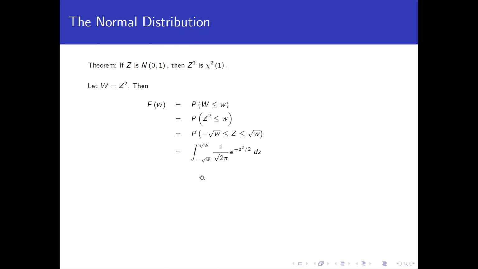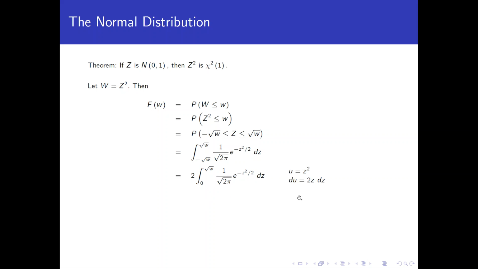We know the PDF for z, and we know that z has to be in between these two bounds, since z squared is going to be less than or equal to w. That's how we calculate probability in that case. Now we notice that e to the negative z squared over 2 is symmetric about the y-axis, so I can replace this integral with 2 times the integral from 0 to root w of the integrand.